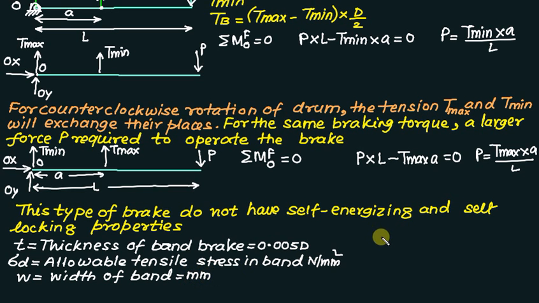So we know that T max is equal to sigma d, the design value, multiplied by t multiplied by w. So we can calculate the width from this, equal to T max divided by sigma d multiplied by t.